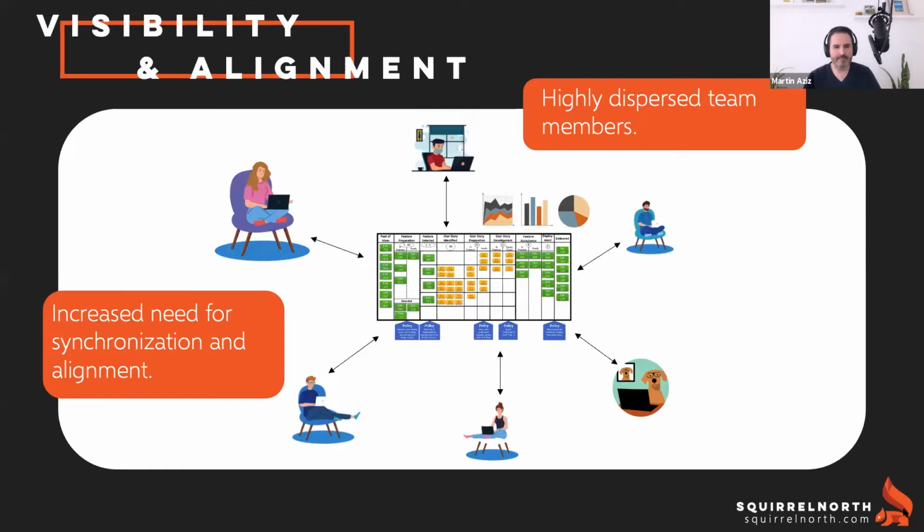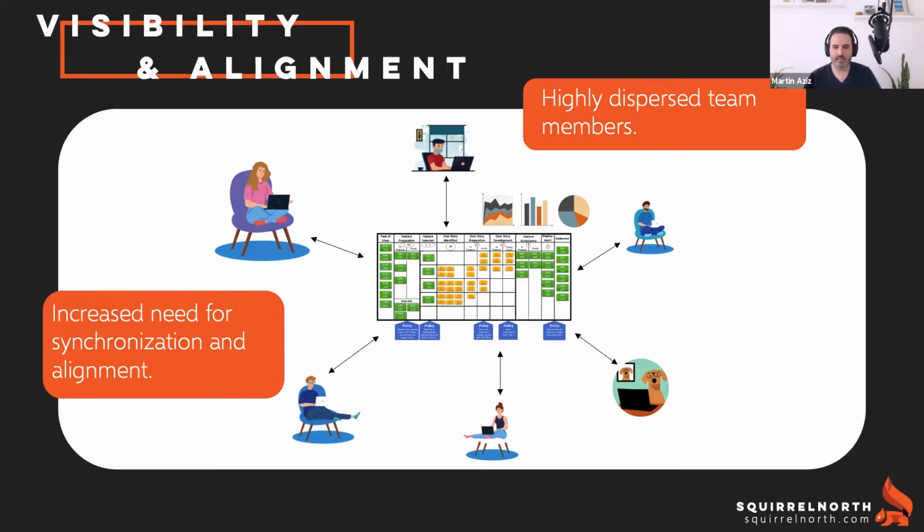So where is this coming from? You've got these new highly dispersed teams. Everyone is in different locations. It's not just one person, but pretty much everyone. That dispersion doesn't take away the need to keep everyone aligned and synchronized. What changes is the amount of effort it takes to achieve that. So we need to increase our ability to keep everyone synchronized and aligned.